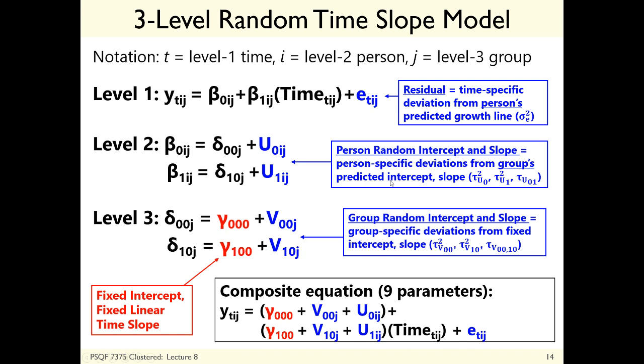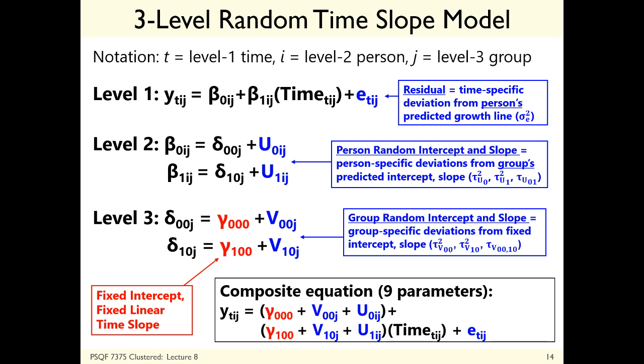So if I added time at level 1, that beta placeholder now has a level 2 equation. That requires a level 3 placeholder, which comes down here. So the level 3 model holds 2 fixed effects, fixed intercept, fixed time slope.